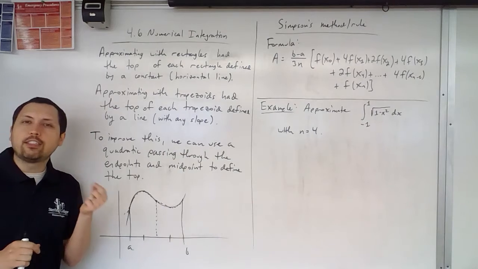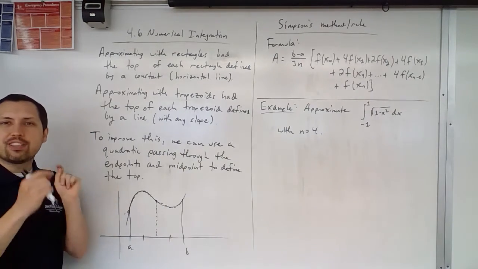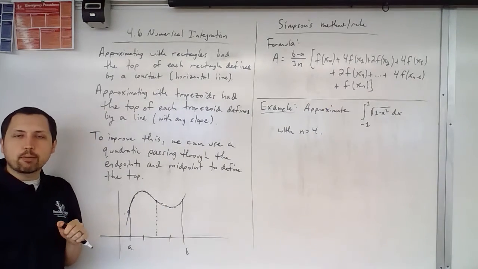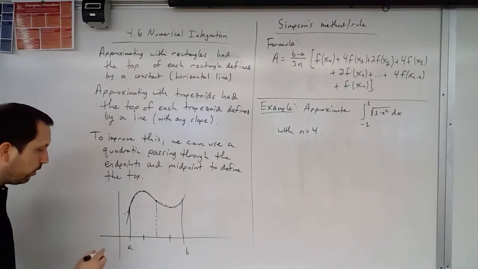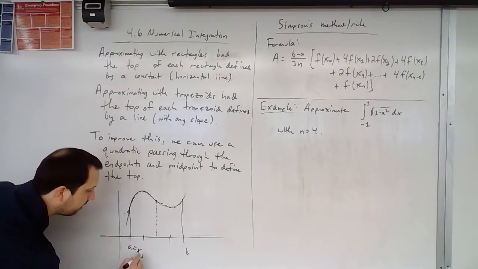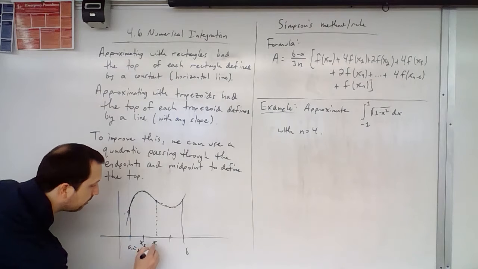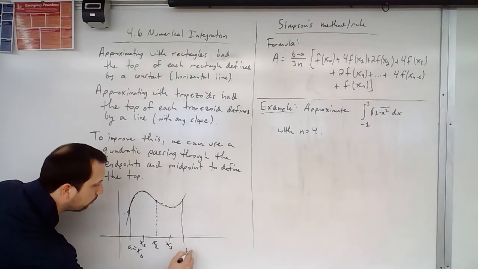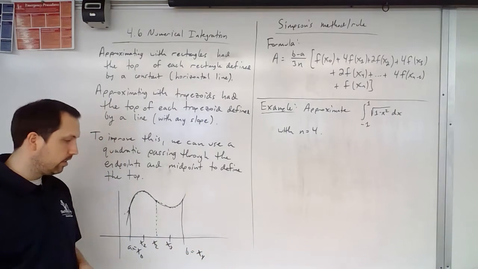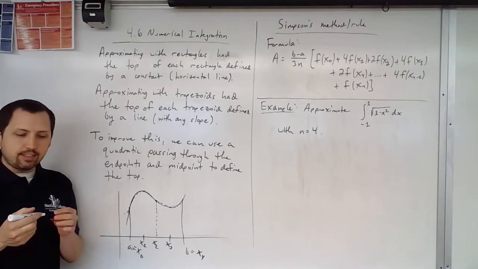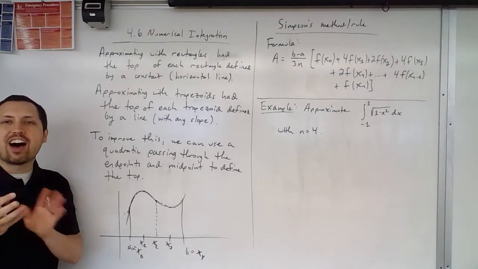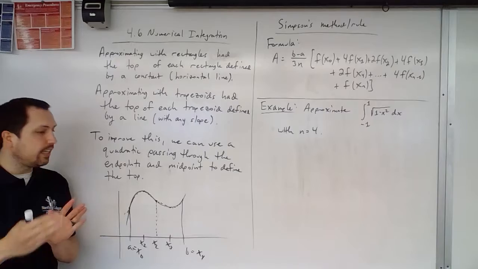Now, when we start to define this a little bit, we used that x sub n subscript last time. What this would look like in this case is that this would be our x sub 0, this would be x sub 1, this would be x sub 2, this would be x sub 3, and this would be x sub 4. So in the previous ones, the n really helped us define how many regions we were looking at.